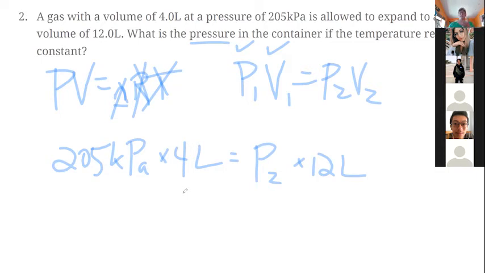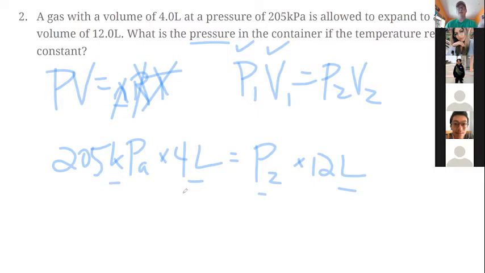So again, you can see that we don't have to convert kilopascals to atmospheres to do this problem, because we have liters on one side, we have liters on the other side, we have kilopascals on one side, and we're going to have kilopascals on this side.